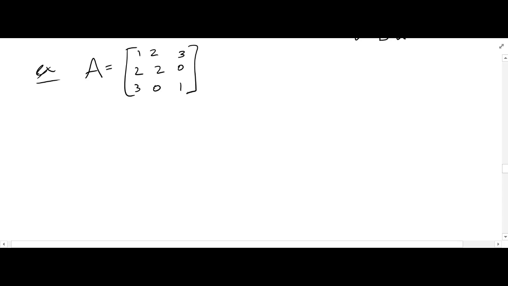A is symmetric, so we can do the LDL transpose factorization. You do it the same way you do the LDU factorization. So you reduce the matrix to upper triangular. We can start by reducing that 2 to a 0. So we can do row 2 minus 2 row 1.